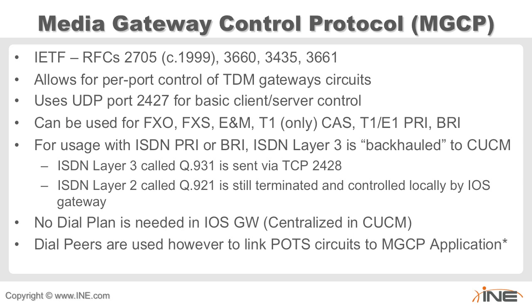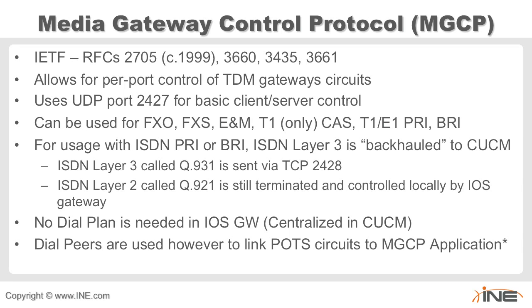And again, so circa 1999, there's the RFCs if you care to look them up. 3660, 3435, and 3661 are the primaries. This allows for per port control of TDM gateway circuits. That's all the reason it was defined, not for IP to IP, but just for TDM gateway control.